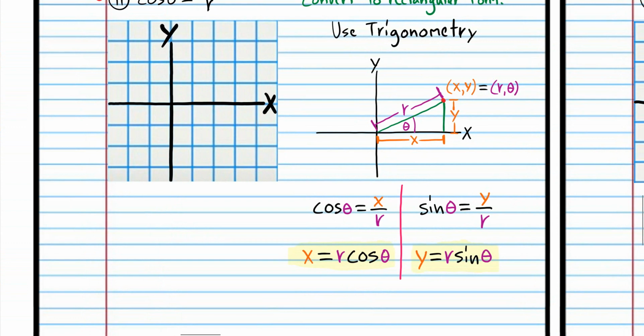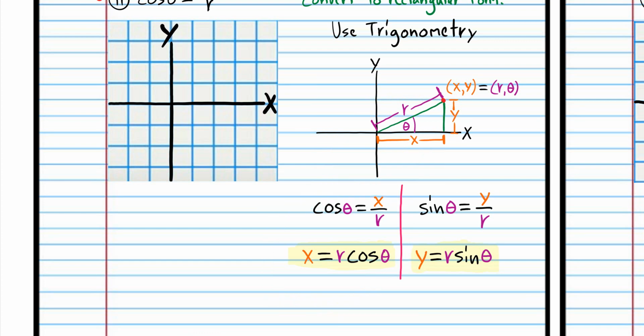We know that cosine theta is defined to be the adjacent side of the triangle divided by the hypotenuse. So the adjacent side divided by the hypotenuse. And we come up with this equation down here.